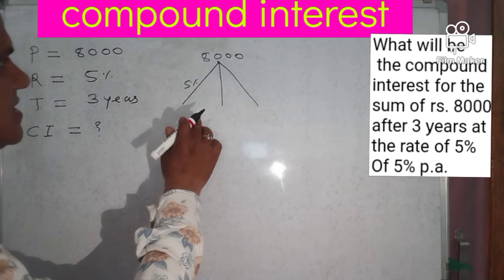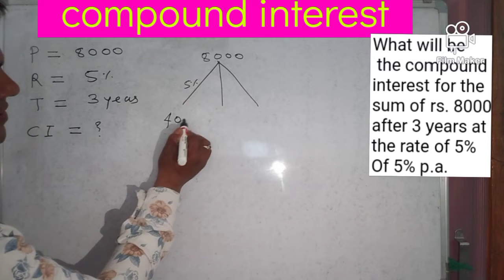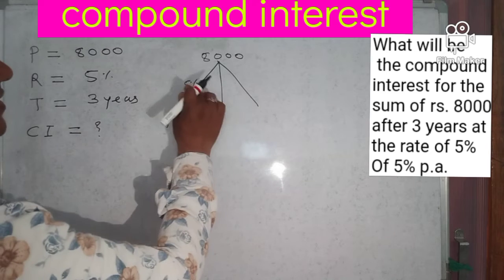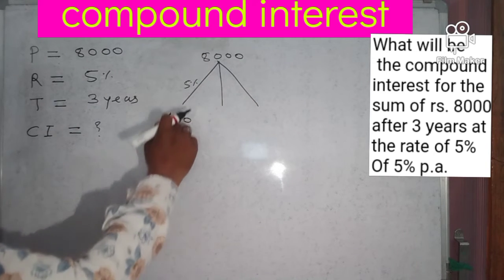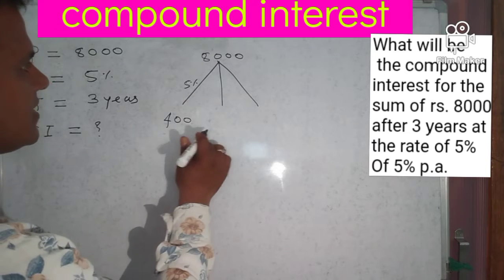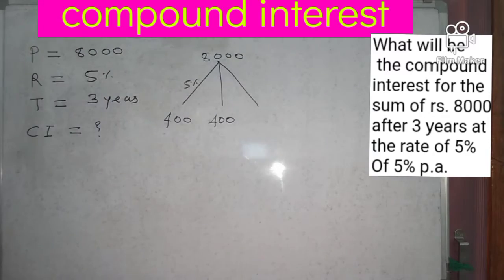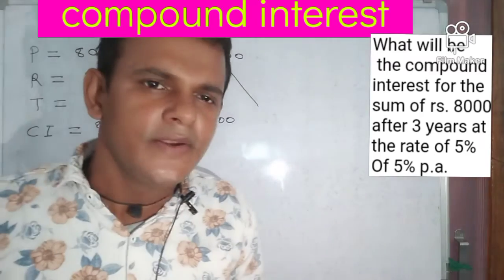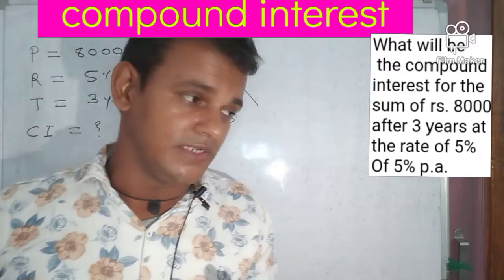So at 5%, the interest will be, for the first year, 400, right? Because the percentage cancels, and 8 times 5 is 40 and 10 here. The second year also comes to 400, but compound interest is interest on interest.